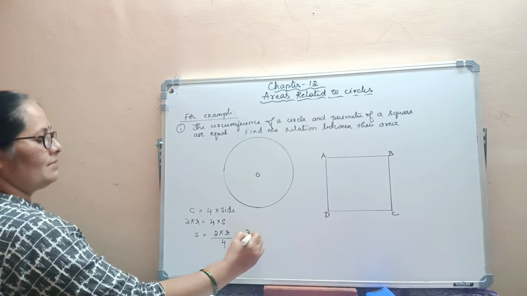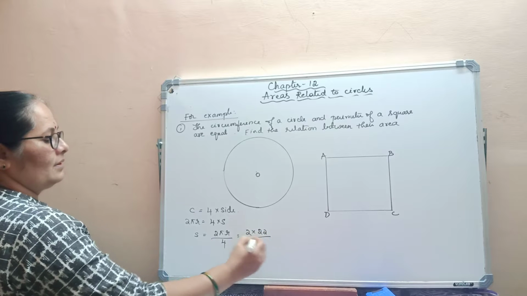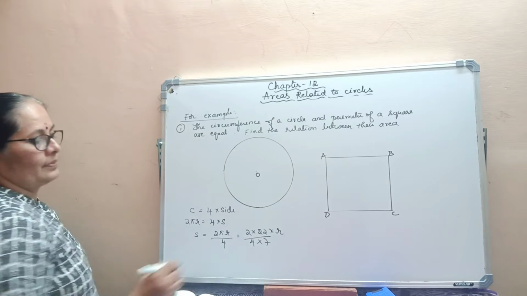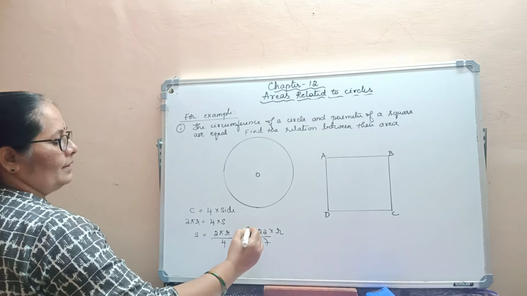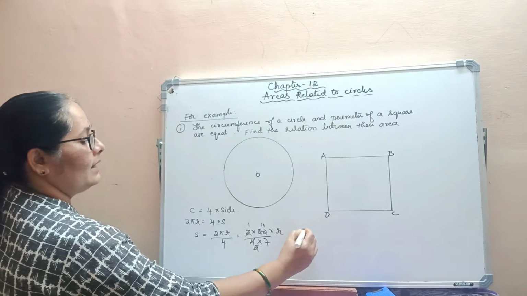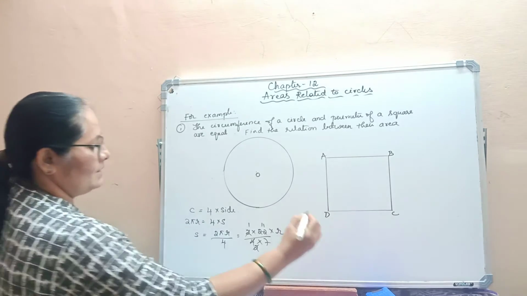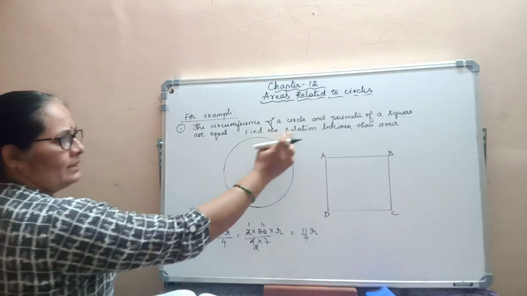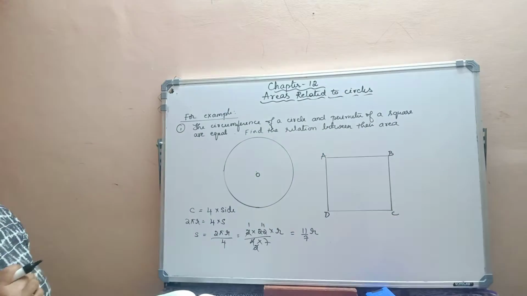So pi is 22 by 7, constant value, 4 into r. Now simplify, 2 ones are 2, 2 twos are 4, 2 elevens are 22. So 11 by 7 r. This is the side. Now find the relation between their areas.